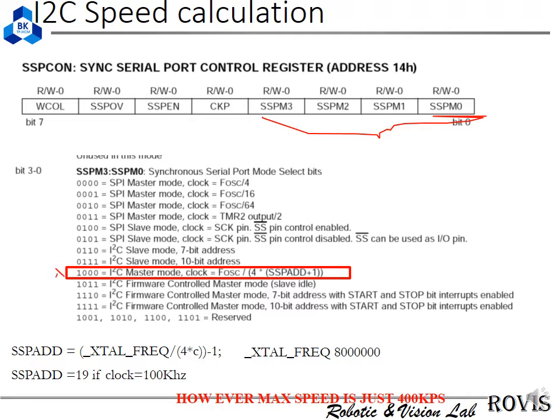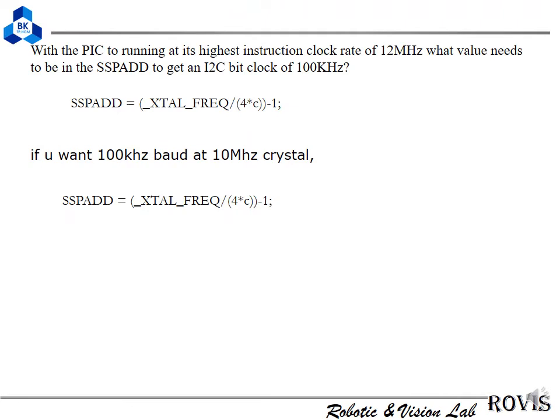Normally we use this mode, and from this mode we can calculate the speed, or the baud rate, the speed of the transmission. So how to calculate the speed of the transmission? It's very simple.